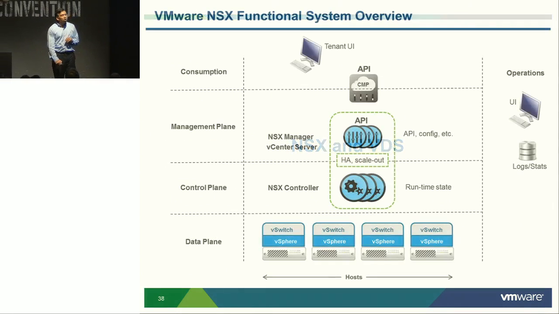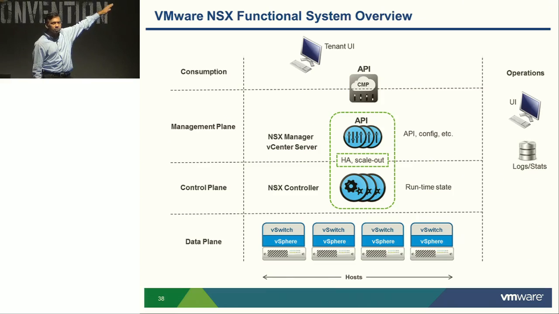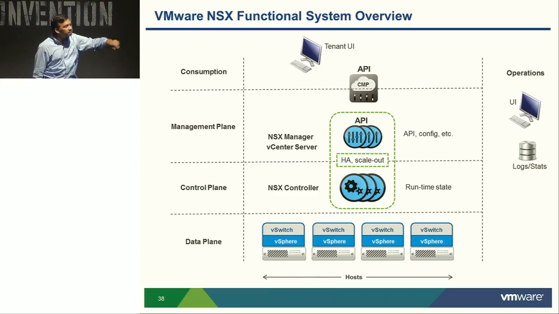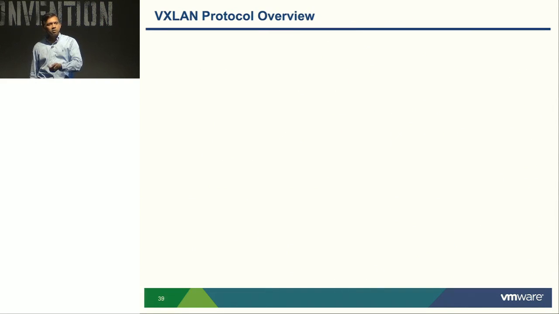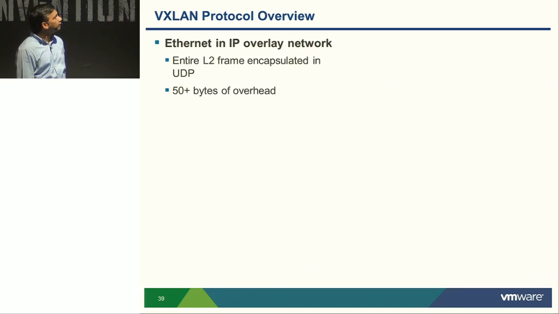Okay, so quickly, as Dan mentioned, VDS is a next step for your network virtualization journey. It means you have to have VDS before you think about NSX. And NSX has different layers where you have data plane, control plane, management plane, and all. Data plane is where the distributed switch lies. And there is another session at 2 o'clock where we will talk more about NSX if you want more details.